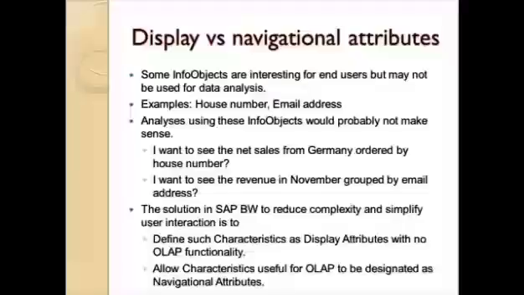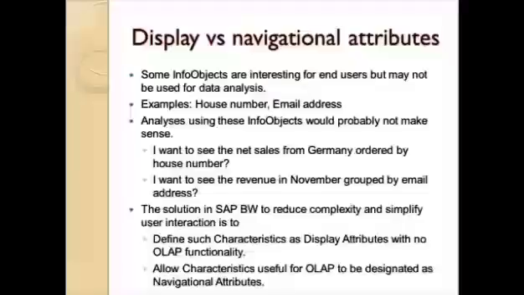On the other hand, we probably won't drill down a report based on that kind of data or information. So we don't really need to navigate based on those info objects. So we simply define those as display attributes, so they can be displayed in the report, but we don't need to use them as navigational attributes.